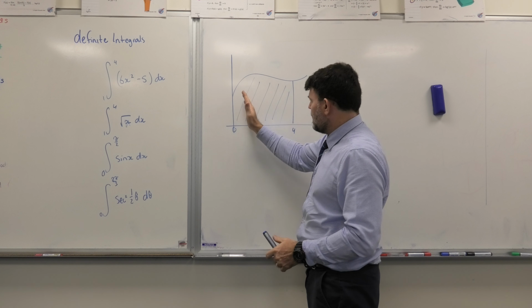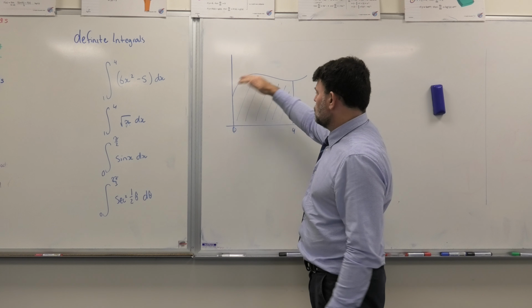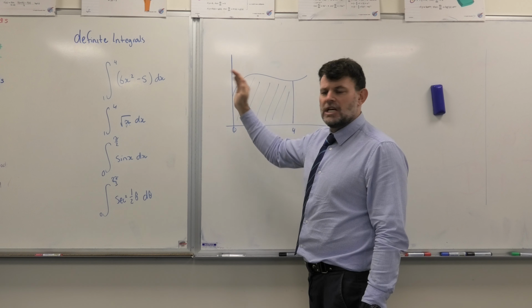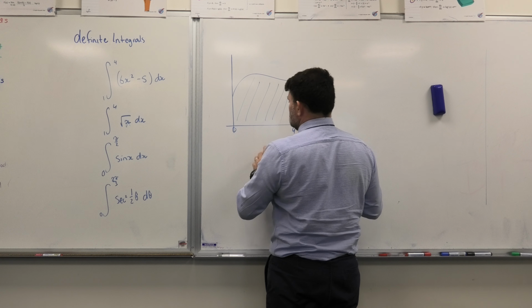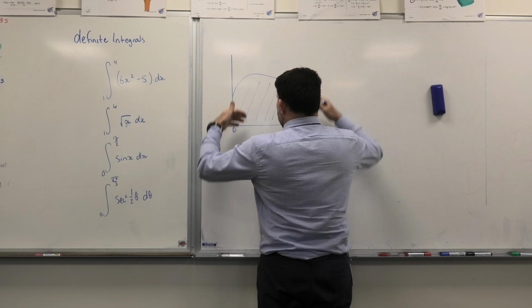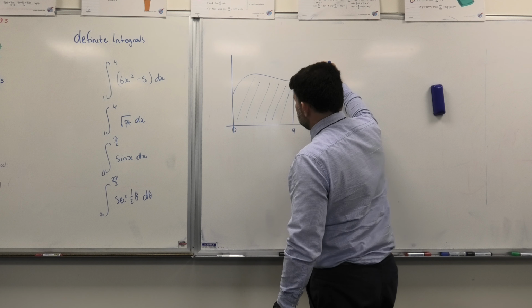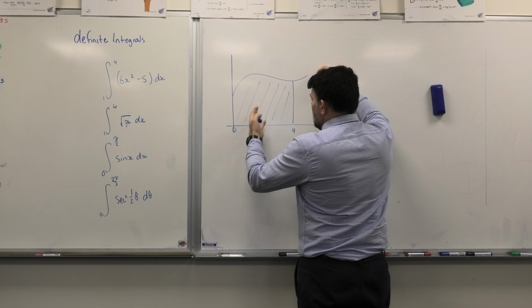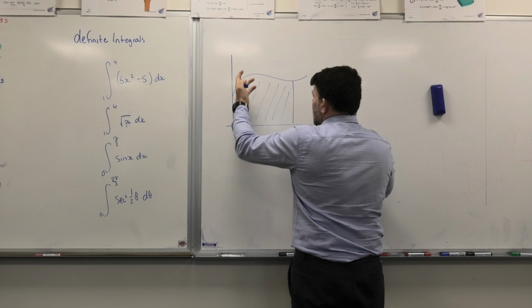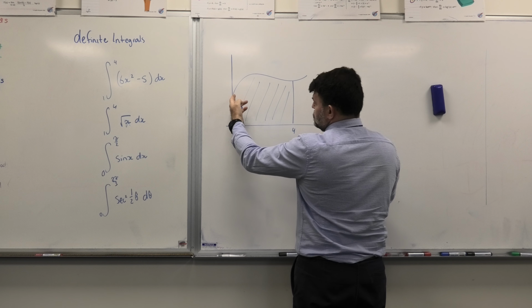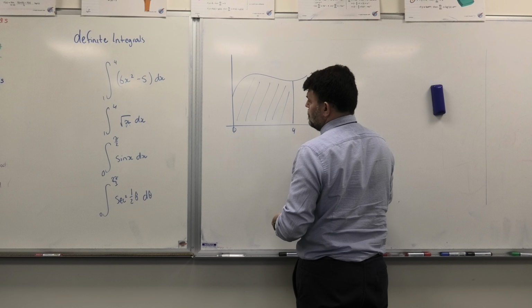We had to use right angle triangles or right or left hand rectangles to help us estimate this area. But what we can do with definite integrals is use the equation of this curve, integrate it, and then substitute the values for 4 and 0 in there to give us the area between these two points underneath that curve.